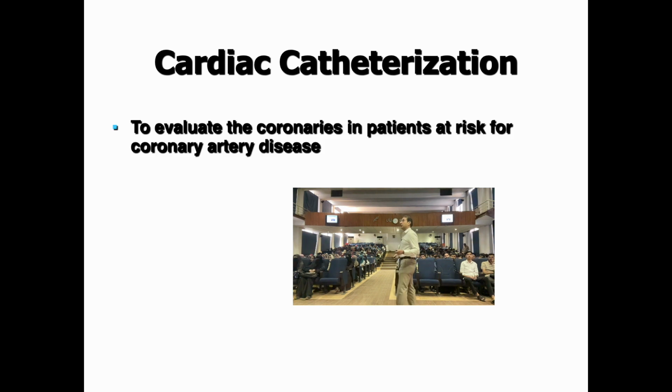So you go for an angiogram to evaluate the coronaries in a patient at risk for coronary artery disease, because if we are planning AVR, aortic valve replacement, at the same time we can consider CABG. We are going to open the chest. If the patient has abnormal coronaries, at the same time you can do the coronary artery bypass grafting as well.